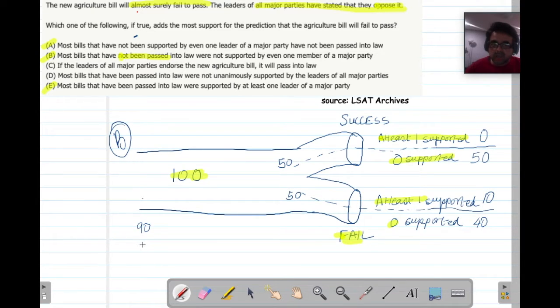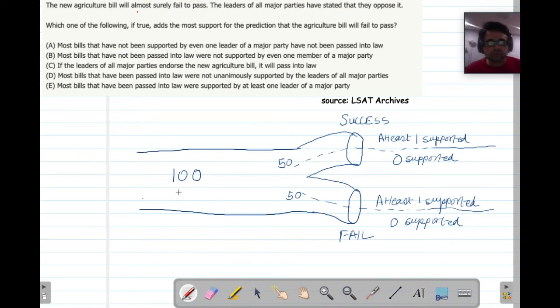And how many actually failed? 40. So 40 over 90. So if 0 people support, there is a possibility that most of them do not fail. Only 40 fail, and 40 is less than 50% of 90, right? So that is why choice B is not a good choice here, even though it looks like a good choice.